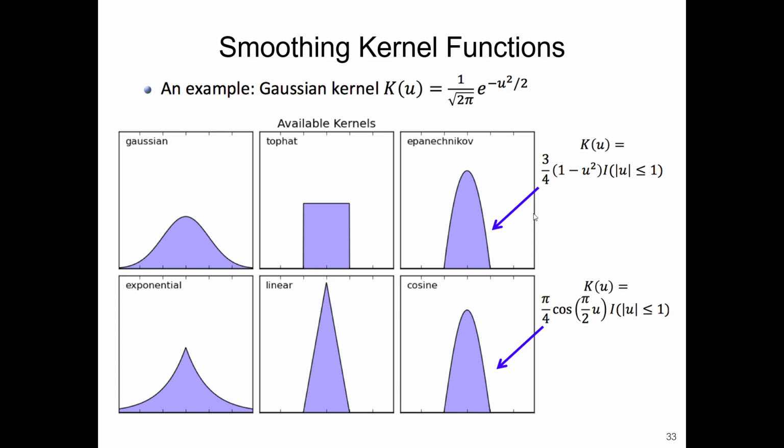What is the problem with this part of the top hat? These corners, we call them sharp corners. Once we have sharp corners, it means what? Suddenly the value changes from a very large value to a very small value.